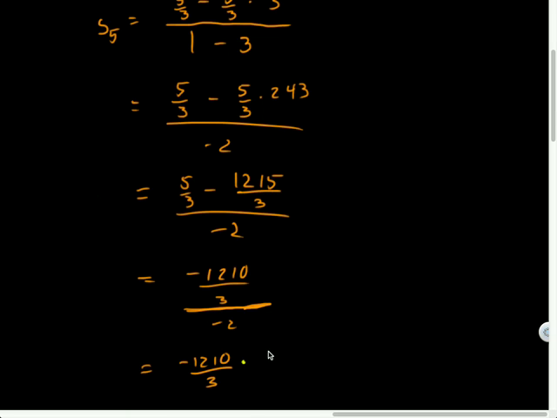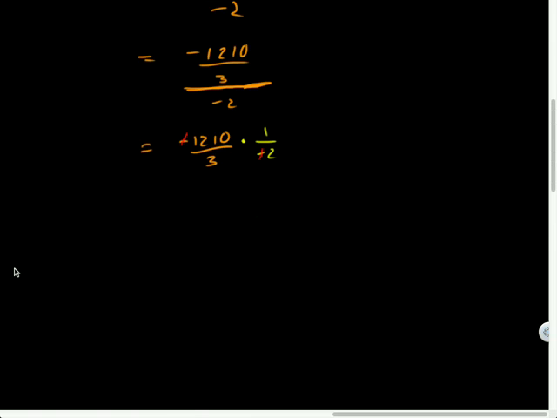So these minus signs would cancel out. Cross to the 605. That's right, that will cancel. 2 goes into 2 once, and then that 605. Is 605 divisible by 3? Nope. So 605/3.